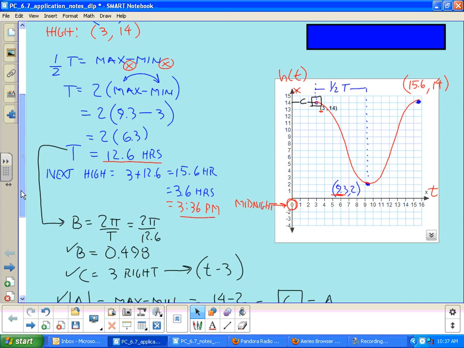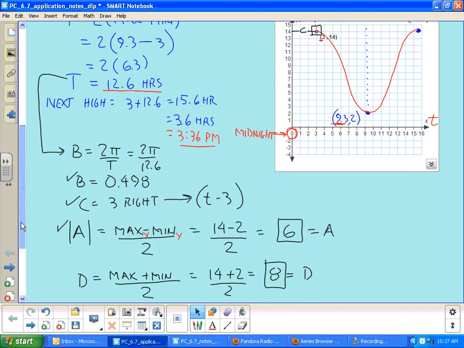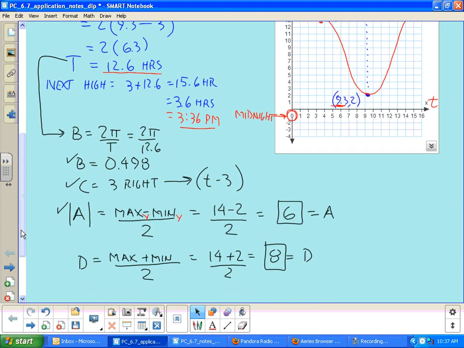Y equals 6 cosine. Okay, that's where it goes a little fuzzy. So here's what I recommend doing. Keep the b separate from the t minus 3 part. So write it like this. We know it's going to take on y equals 6 cosine.